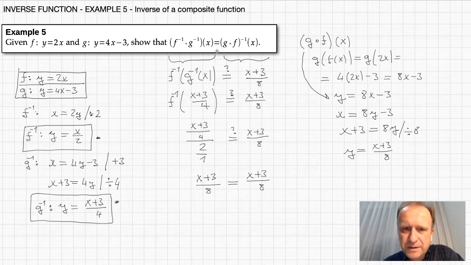So what is the meaning of this formula here? Look here at the right-hand side. Here we are asked first to compose functions f and g and then take the inverse. So if you compose two functions, something is done by the first function f, and then something else is done further by way of function g. And now you want to take the inverse.